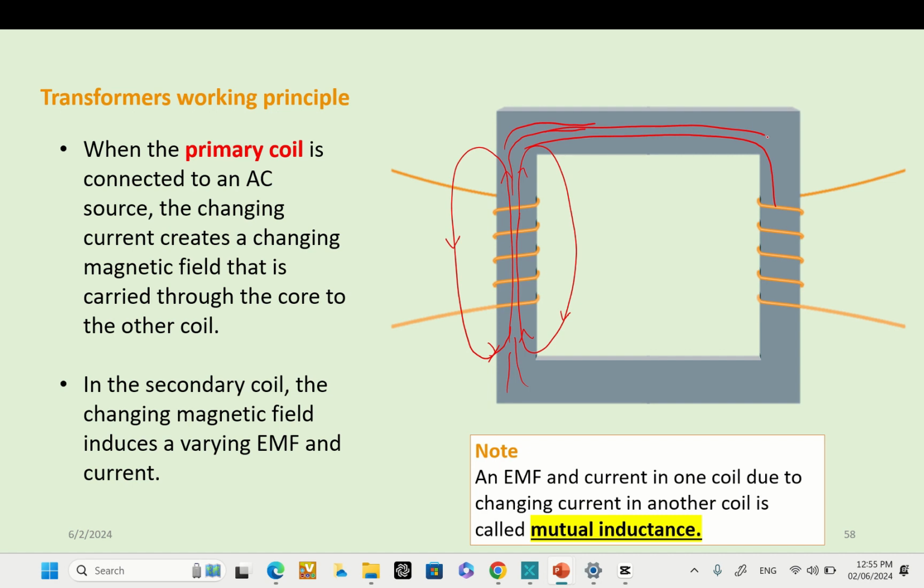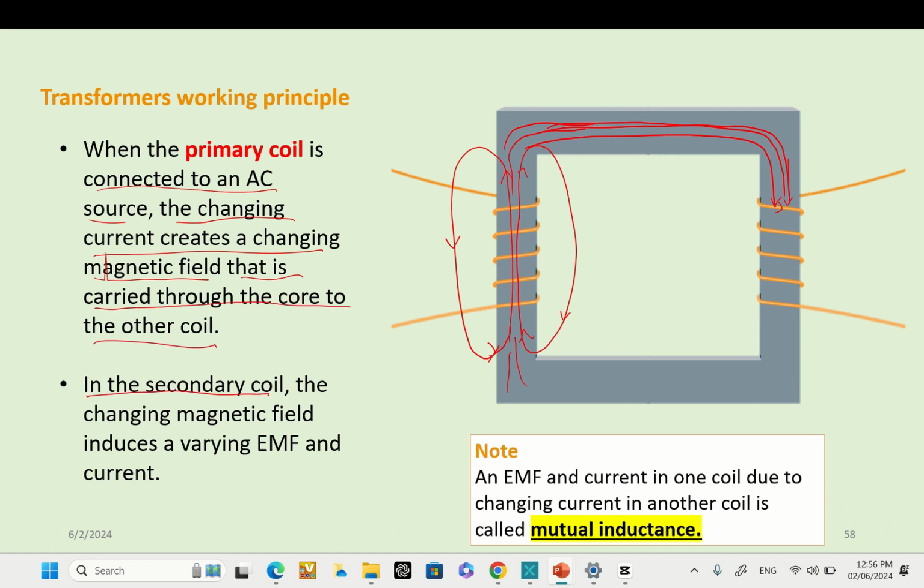This changing magnetic field produced by the primary coil will affect the secondary coil, and it will induce a current in it. Because we have a changing magnetic field, we will have an induced current in the secondary coil. So when the primary coil is connected to an AC source, the changing current creates a changing magnetic field that is carried through the core to the other coil.